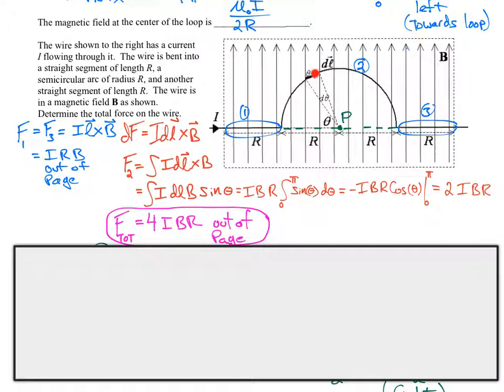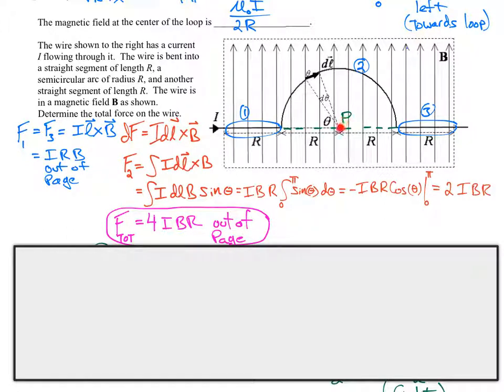For the curved section, we write down the version of the force rule, but we use dF and dL because we're talking about a little tiny bit of wire and the little tiny bit of force on that wire. The force is not occurring at point P. The force is occurring at this point.